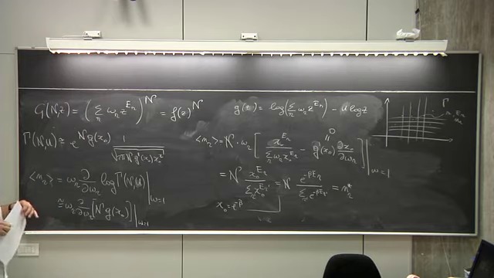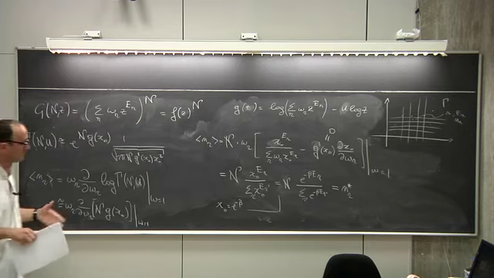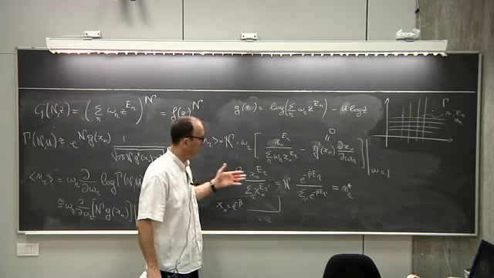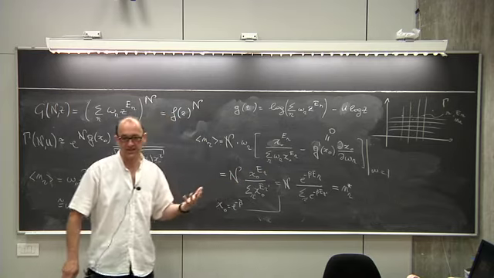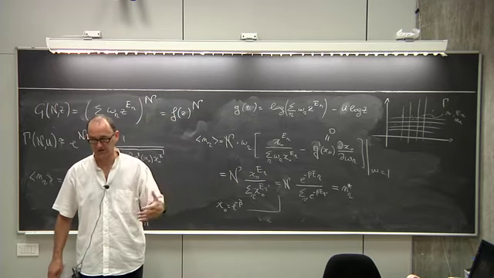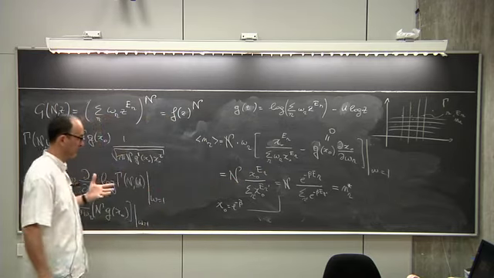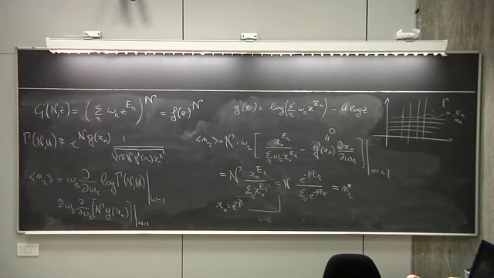Okay? And as you see, in many cases, computing the most probable value of a distribution is simpler than computing the average. Okay, so this is also computationally very efficient.